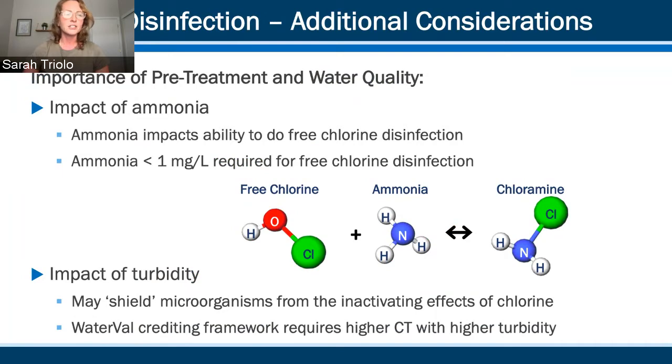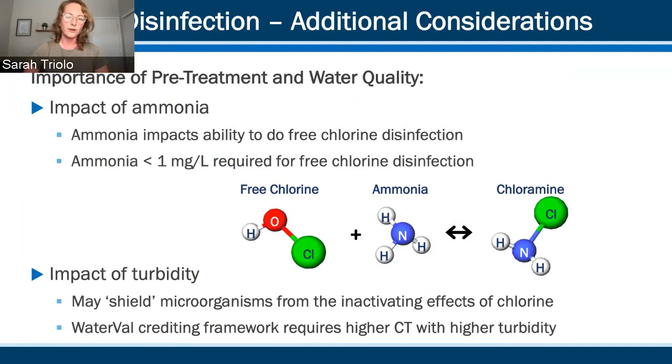So as a general rule, you should target reducing your ammonia to below 1 milligram per liter in order to do free chlorine disinfection. And then turbidity is another water quality parameter that can impact chlorine disinfection. Turbidity can shield microorganisms from the inactivating effects of chlorine.